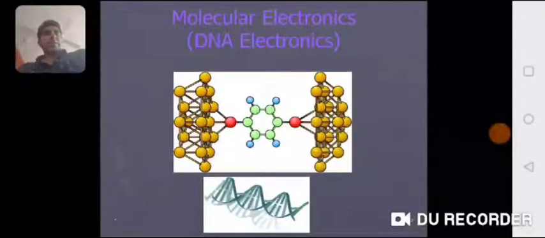Moletronics is basically that branch of applied physics where molecules can function as active or passive electronic components. These molecules can perform the same functions as those currently performed by semiconductors.